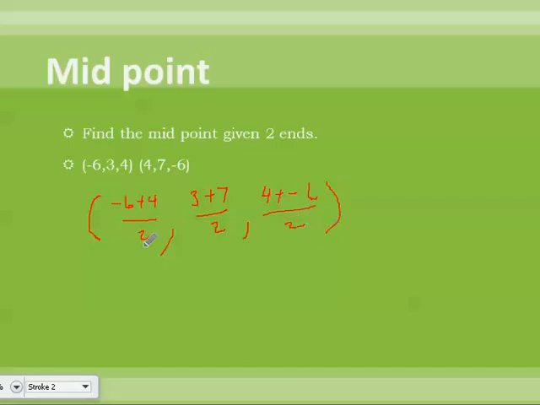And we can find that midpoint real easily. -6 plus 4 is -2, divided by 2 is -1. 3 plus 7 is 10, divided by 2 would be 5. 4 plus -6 is -2, divided by 2 is -1. So I have located the midpoint to be at (-1, 5, -1).